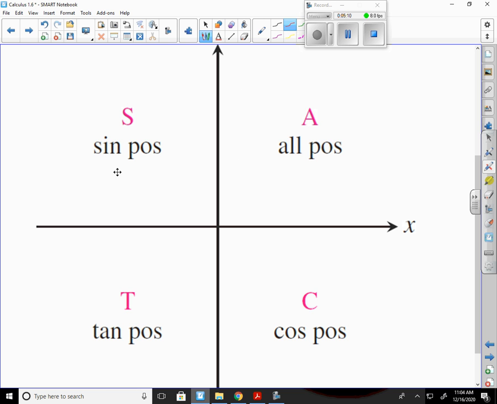The sine is positive in the second quadrant, and tangent is positive in the third quadrant. But if you start here in the fourth quadrant and just go C-A-S-T, then you'll remember which is positive where. Everything's positive here, sine is positive in this quadrant, and tangent is positive here. The only one that's positive in this quadrant is the cosine.